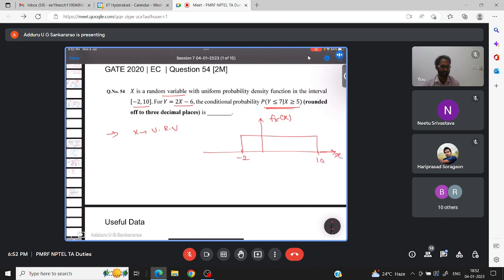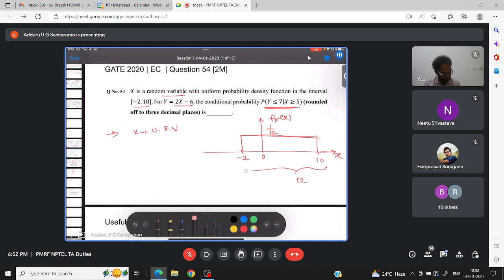Last time I explained what is PDF. Now what will be the height of this? Total area should be 1, right? Area under PDF is 1. Since it's uniformly distributed, this length is how much? 12. So it should be 1 by 12.